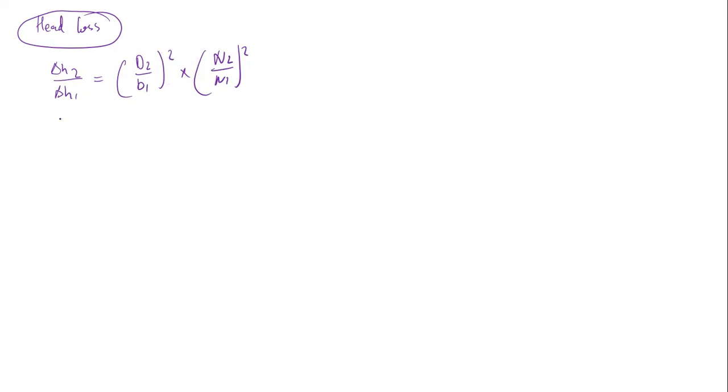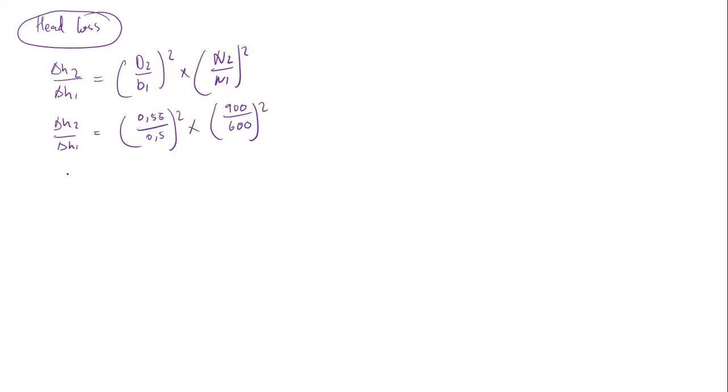So in this case, we're going to perform a substitution. Change in H2 over change in H1 will be equal to, now our diameter, remember it's 0.55 for D2, right? And then for D1, it's 0.5, to the power of 2, multiplied by the rotational speed. Remember, we had 900 for N2, and for N1, we had 600, to the power of 2.